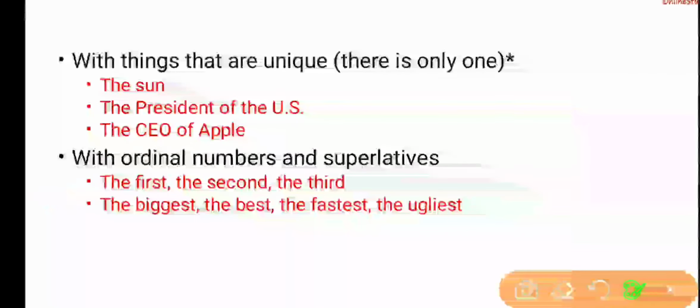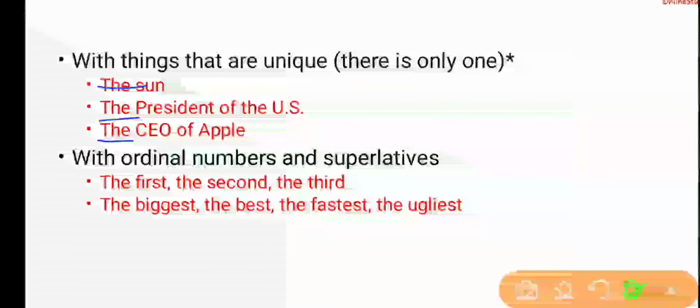Also, we use the with things that are unique, that is, only one of their type. For example, the sun. There is only one sun all over the world. That's why we say the sun. The president of the US, the CEO of Apple. Here I have used the in front of things which are unique, that is, there is only one.